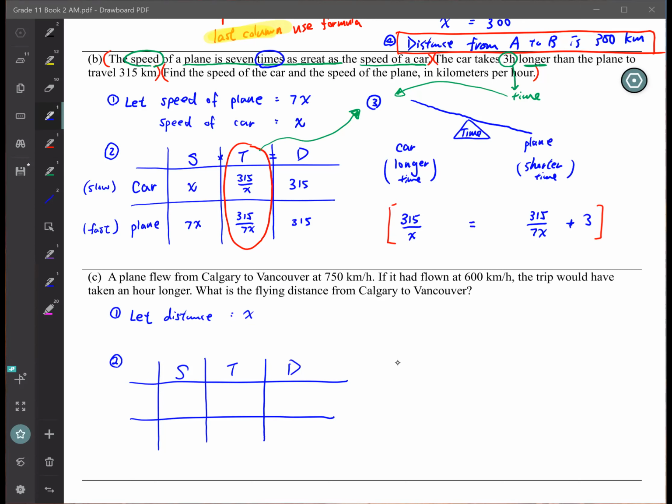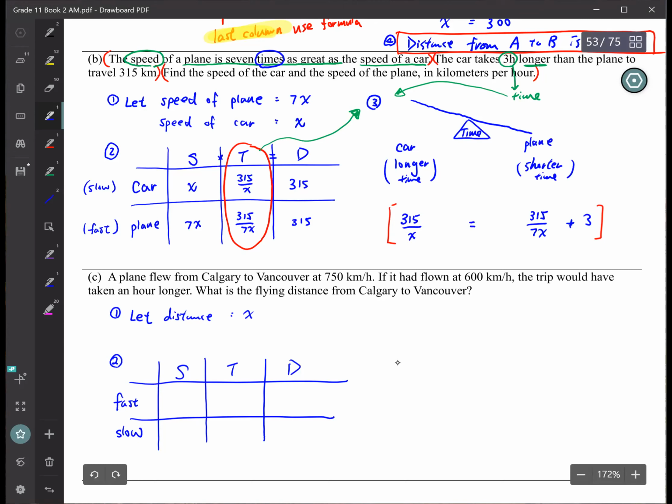One's going at 750 kilometers per hour, and the other one's 600 kilometers per hour. Okay, so one scenario is flying faster, and the other is flying slower, right? So you can just categorize them into fast and slow. It's the same plane, there's no car involved here. So the fast trip and the slower trip.